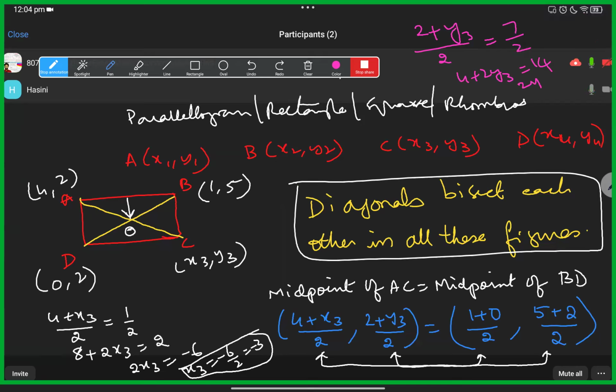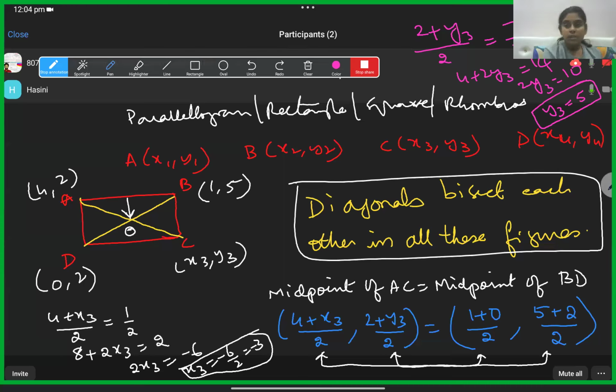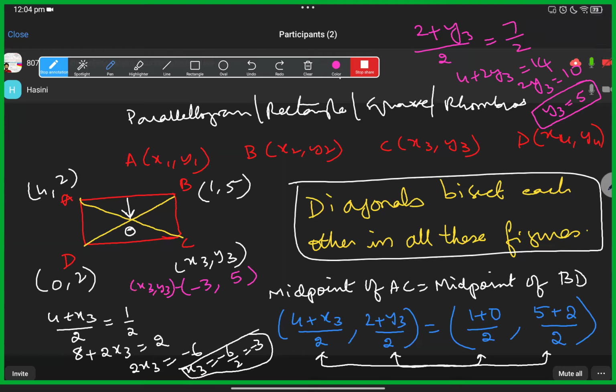Then 2y3 is equal to 14 minus 4, which is 10, so y3 is equal to 10 by 2, which is 5. So finally the x3, y3 coordinates are minus 3 comma 5. These are the coordinates of the third vertex, which they did not give us.